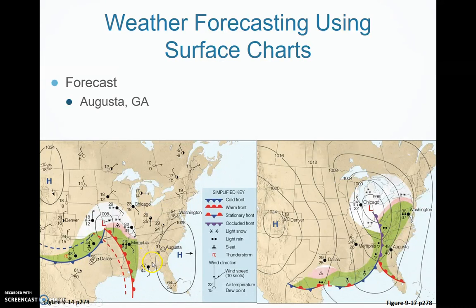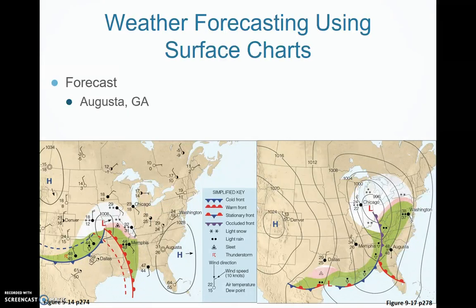But as this warm front approaches, which over the next 12 and then 24 hours will be getting closer and closer, we can expect the weather first of a warm front and then of an occluded front to start happening in Augusta. So what we'll probably see is some increased cirrus clouds.